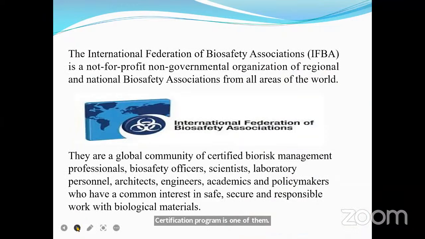Here we can have a brief note about the International Federation of Biosafety Associations, IFBA, a non-profit, non-governmental organization of regional and national biosafety associations from all areas of the world. They are a global community of certified biorisk management professionals who have a common interest in safe, secure, responsible work with biological material.